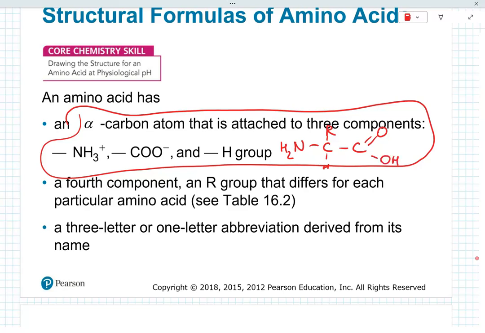Now you may notice I wrote it in a slightly different form, like hydrogen here and only two hydrogens here. I will explain myself in a minute, okay? And then you look at the side chain, and that effectively determines the chemical properties of an amino acid. And based on the name, we use either a 3-letter or 1-letter abbreviation.